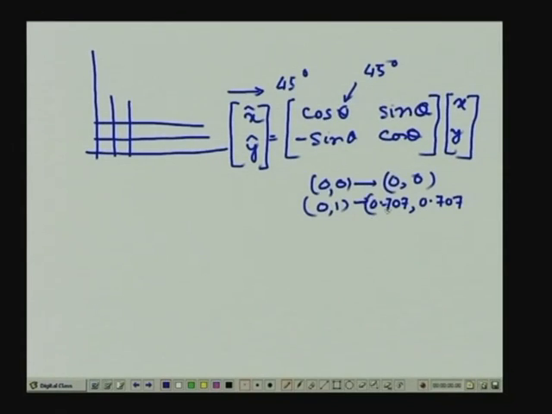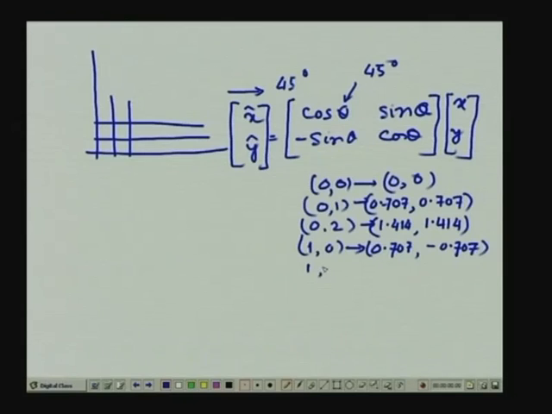Then the 0 2 point will be transformed to 1.414 and 1.414. Similarly, the pixel at location 1 0 will be transformed to 0.707 and minus 0.707.